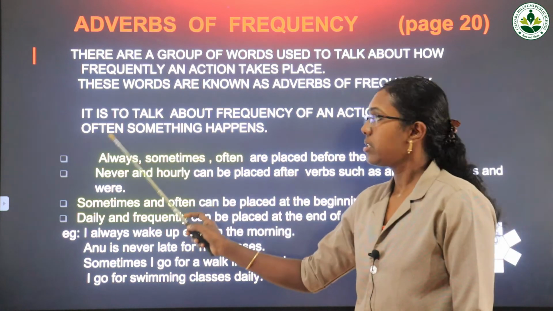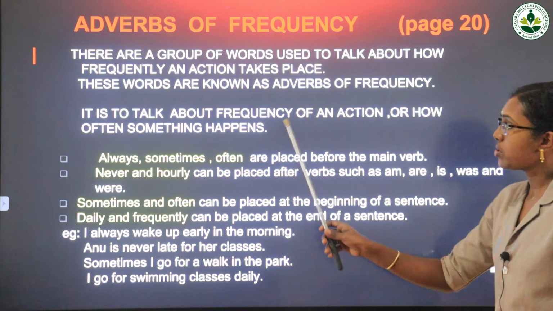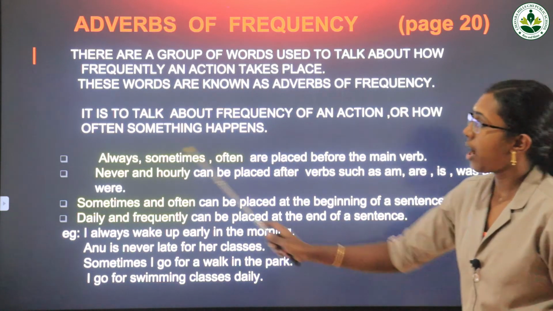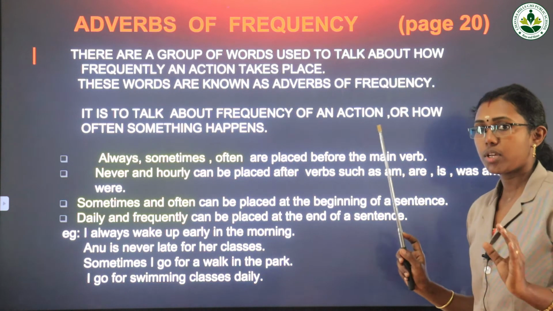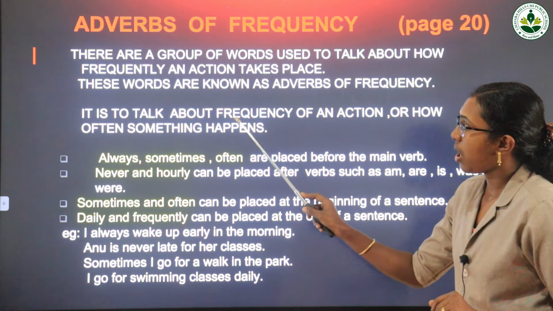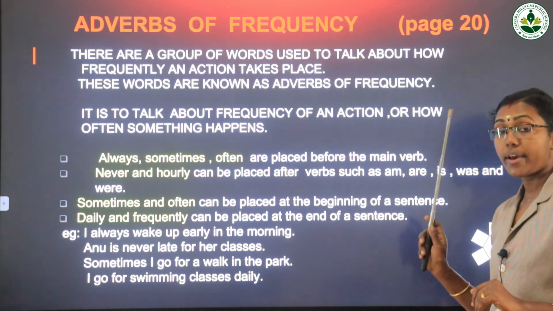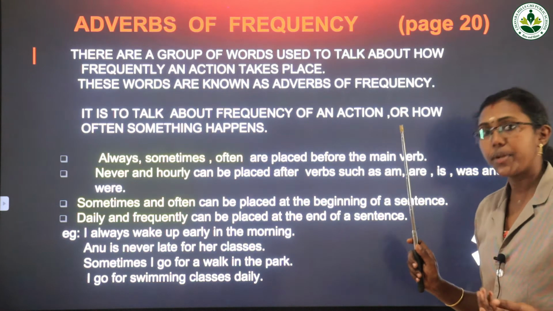One more use is to talk about the frequency of an action, or how often something happens. You have to understand well what adverbs of frequency means: how frequently an action happens.